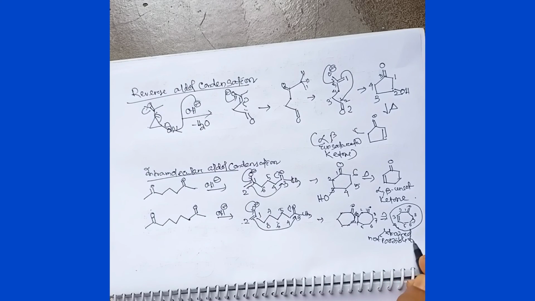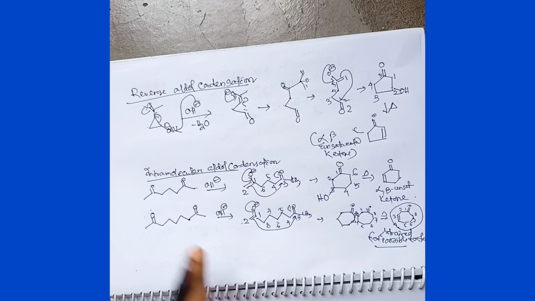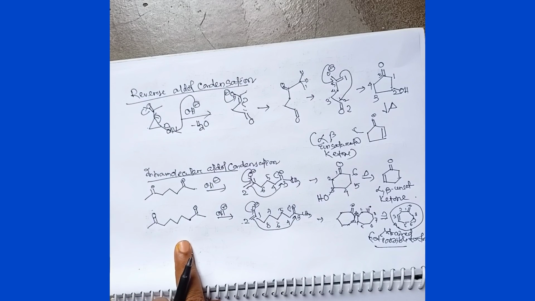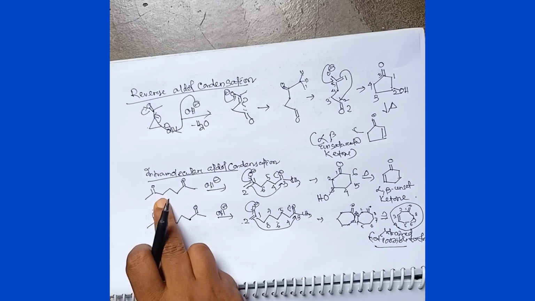So in such cases where there is probability of formation of a more strained ring, either 3 4 or 7 8 like this, we will prefer the abstraction of alpha hydrogen from a comparatively more hindered position.